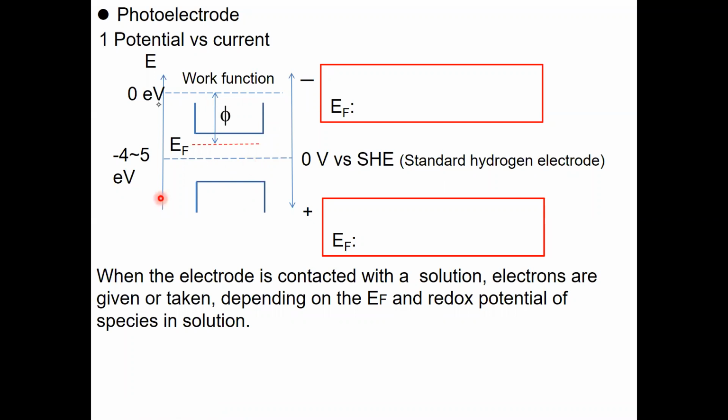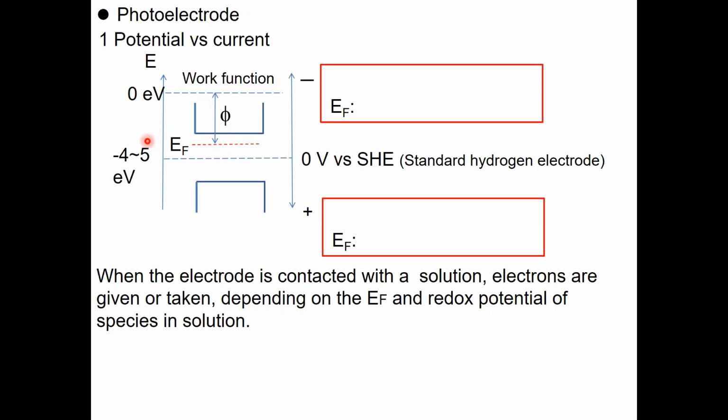And here, you've already studied the work function, which is defined by the energy necessary to extract the electrons from the solid materials, right? But this work function is basically measured in a vacuum condition.